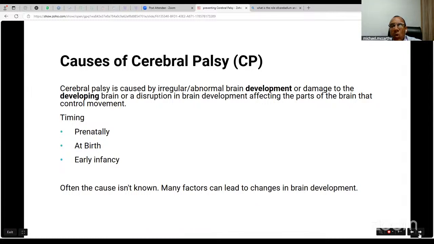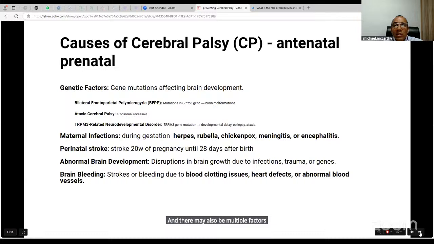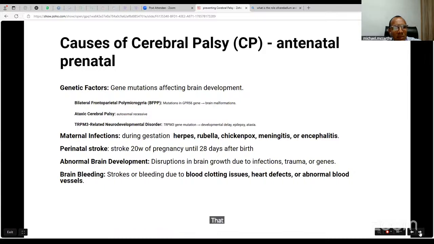The lesions could occur prenatally or during the pregnancy or during the delivery or in early childhood. And many times it's not really easy to detect what the cause is, and there may also be multiple factors. So let's look at some of the causes. In the antenatal section, we have the genetic factors, and a few genetic things have been pointed to that affect brain development.